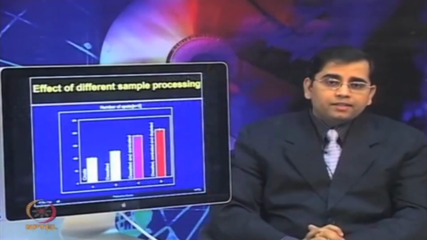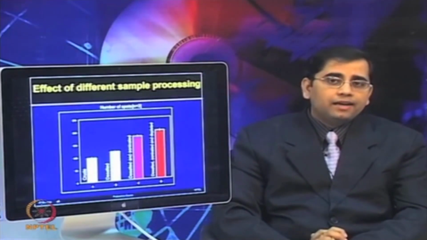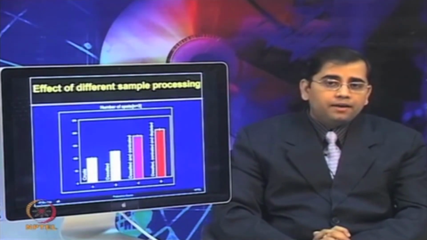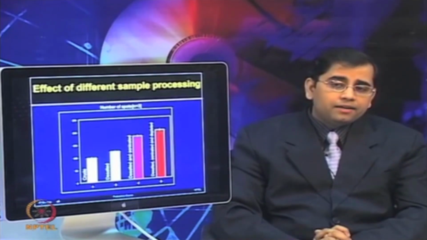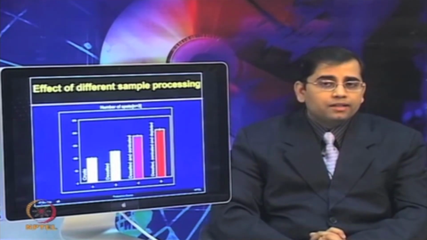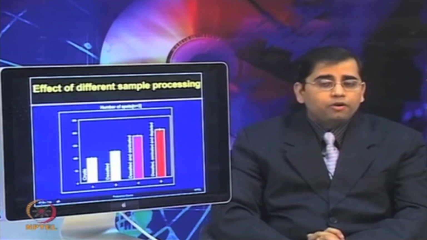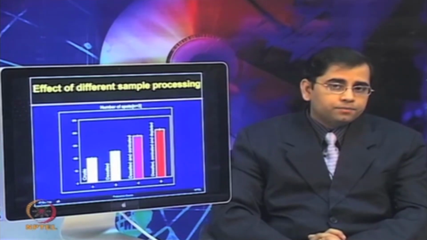From the previous study we looked at replicate gels, and n is 3 here, and we found that the desalted, sonicated and depleted sample gave us the largest number of spots on the gel as compared to crude alone, desalted alone, or desalted and sonicated.